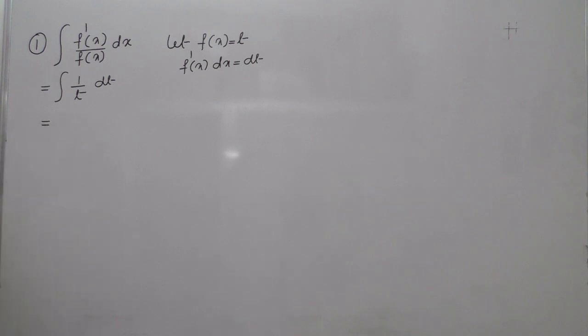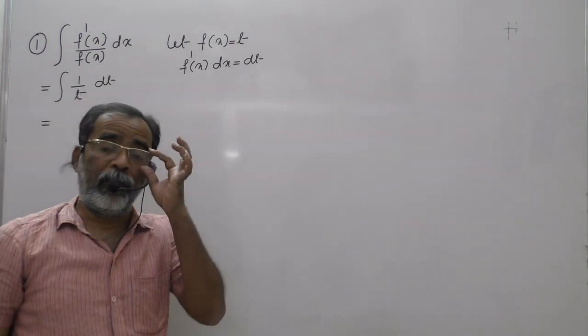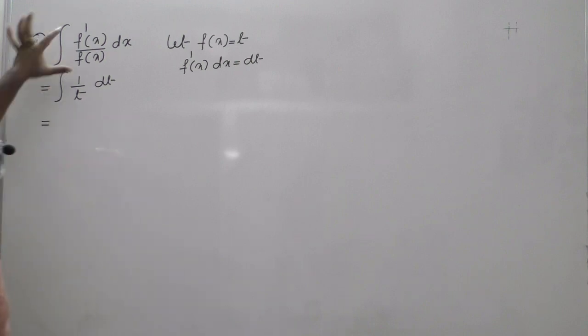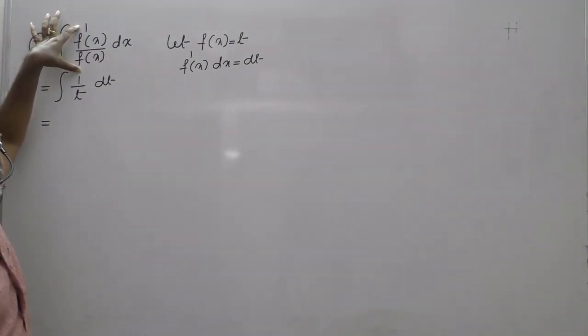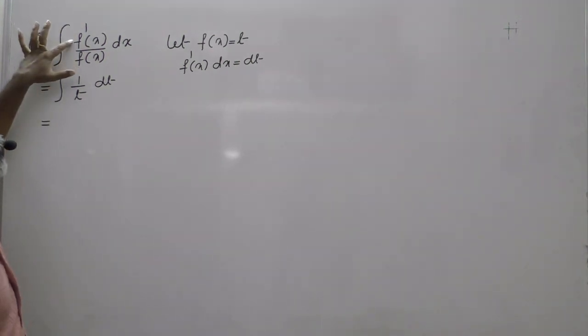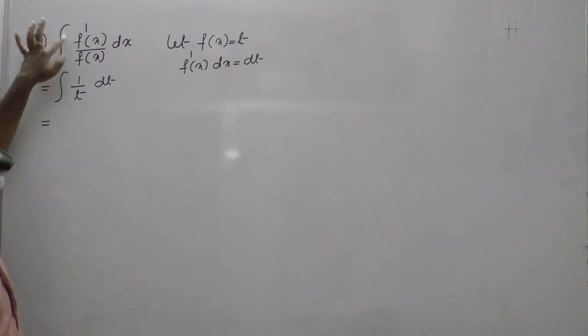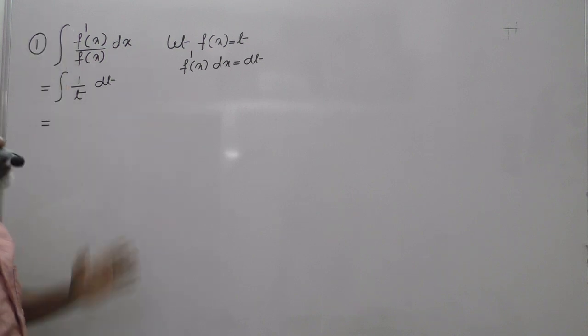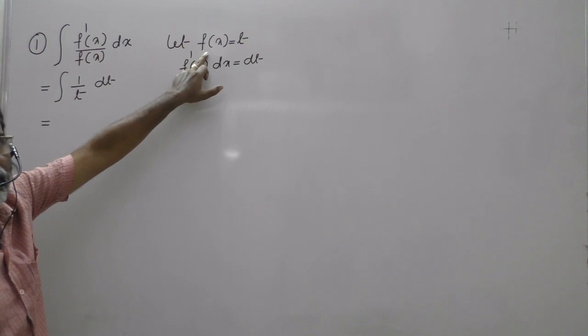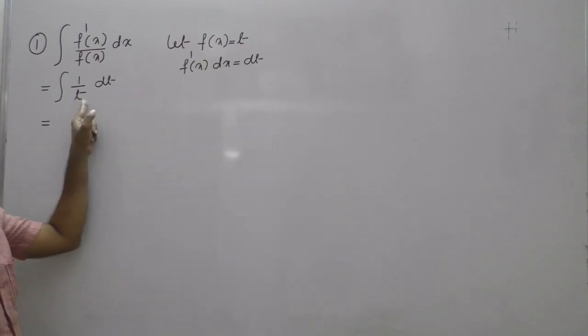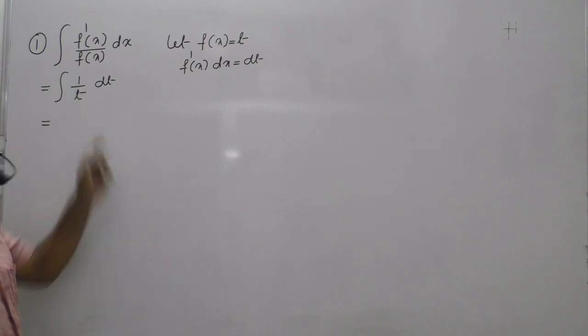See how this substitution method works. This is the given integral. At the moment we don't have any u by v formula. Therefore I took the substitution and made it the standard integrand 1 by x model.